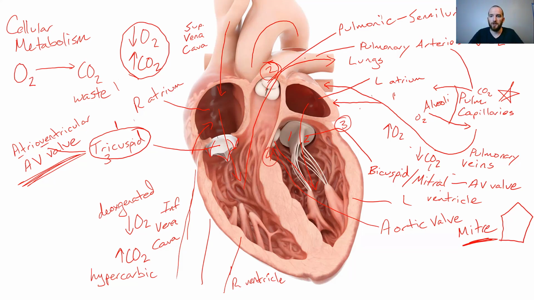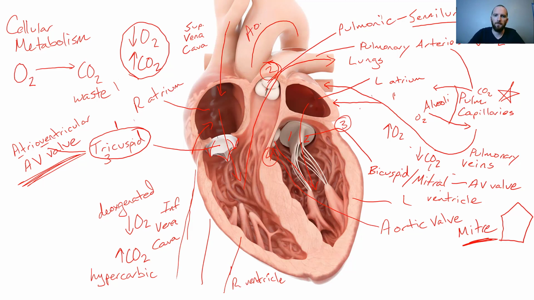And the aortic valve, just like the pulmonic valve, is one of those semilunar valves. Semilunar. So we have two semilunar valves and we have two atrioventricular valves. Two and two.